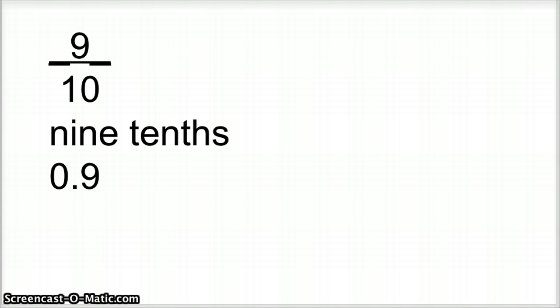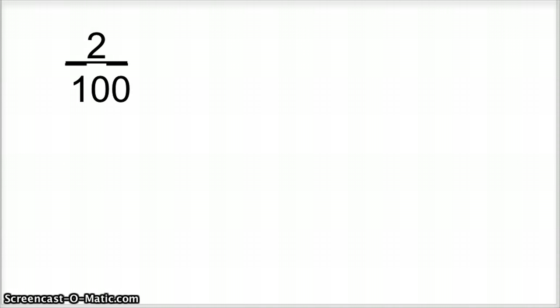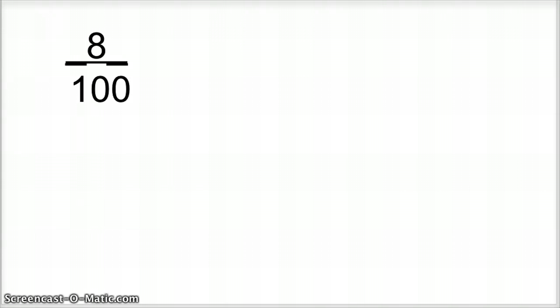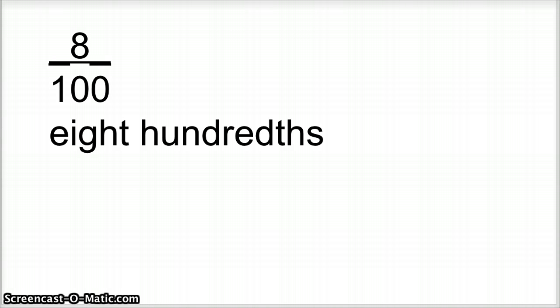Switch it up. How about hundredths? First of all, how do I say this fraction? 2/100. How do I write it as a decimal? 0.02. How about 8/100? I keep giving the answer. So 8/100 is how you would say it. How do you write it as a decimal? 0.08.